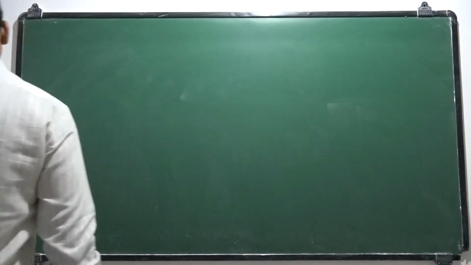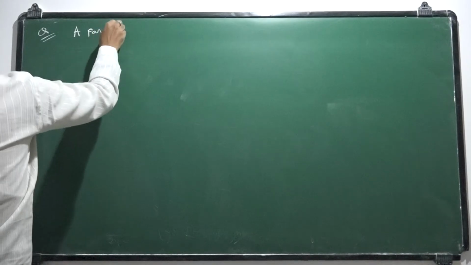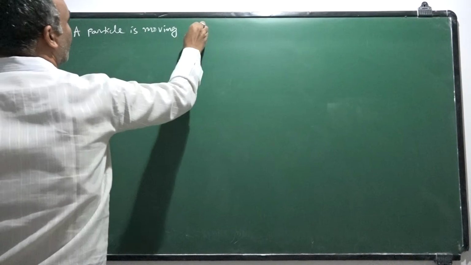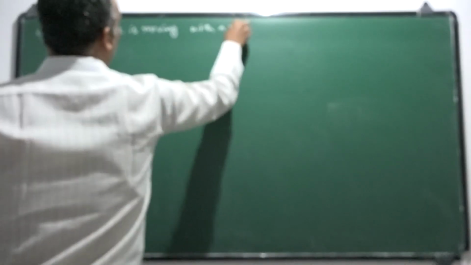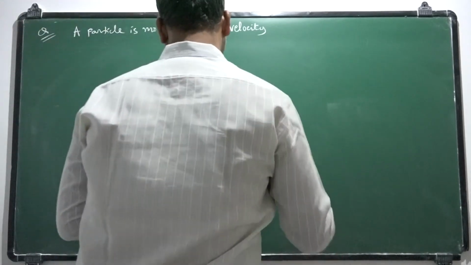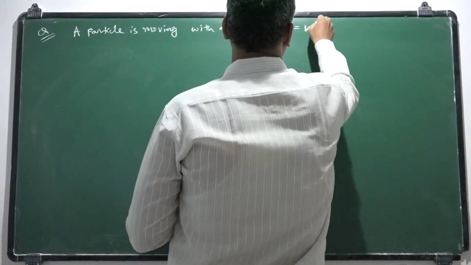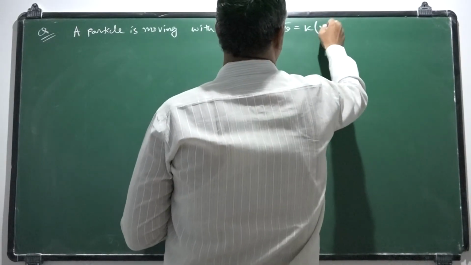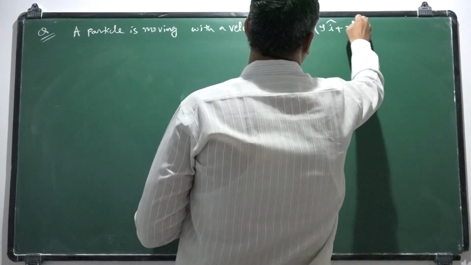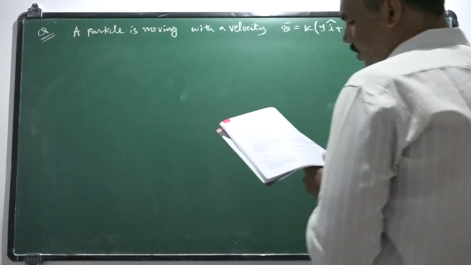One more question, let us discuss now. The question says, a particle is moving with a velocity V bar is equal to K into y i cap plus x j cap, where k is constant.